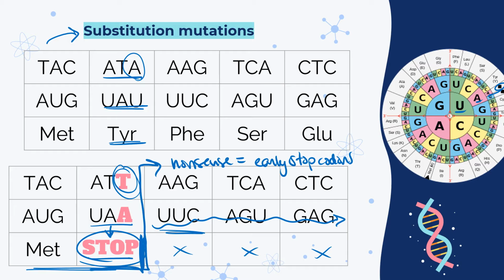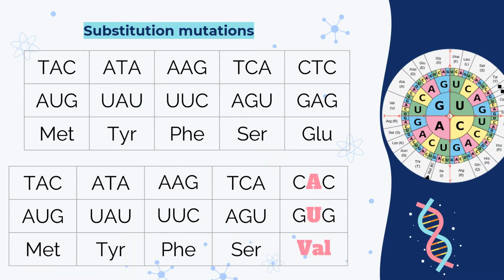It can happen maybe halfway down, but even half a protein is not going to be a functional protein. Nonsense mutation, early stop codon. The one that we looked at on the previous slide, silent or same sense, no effect because we had the same amino acid. Let's look at one more type of substitution.